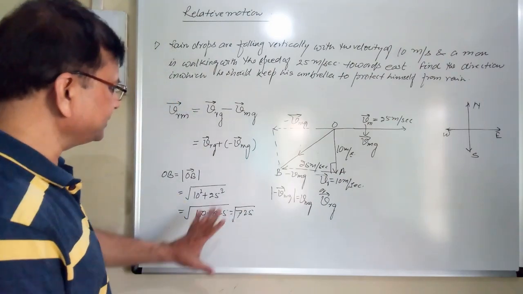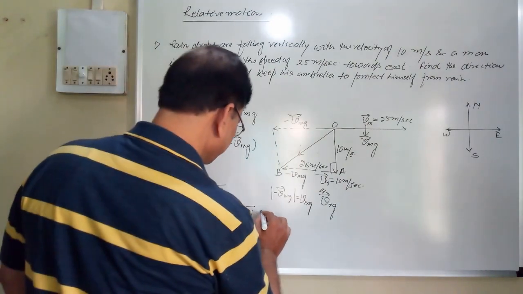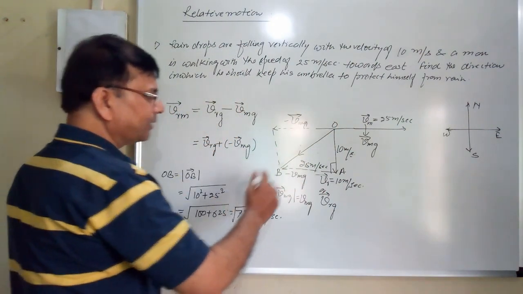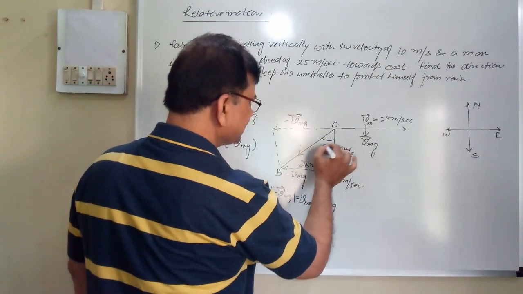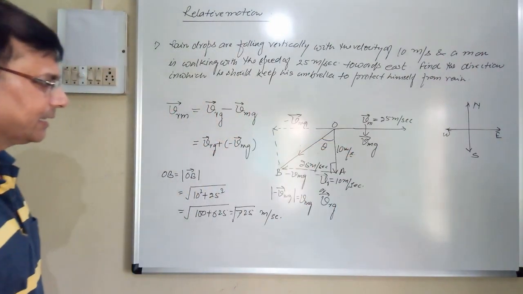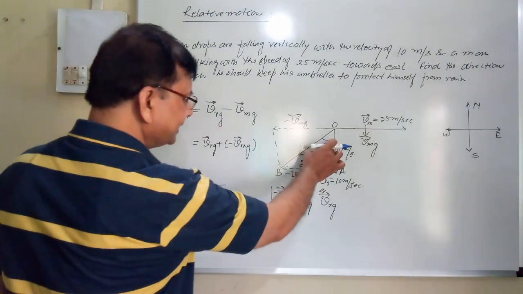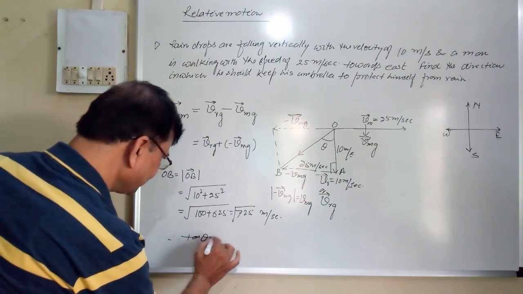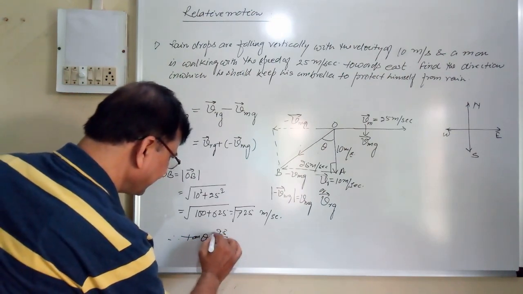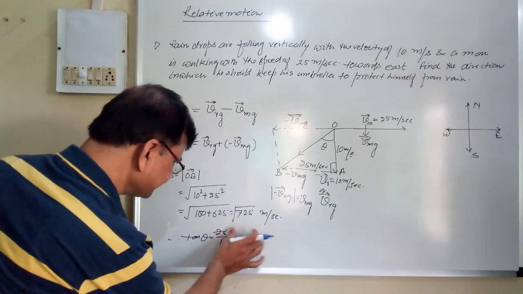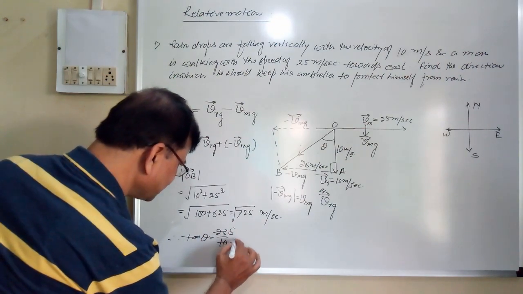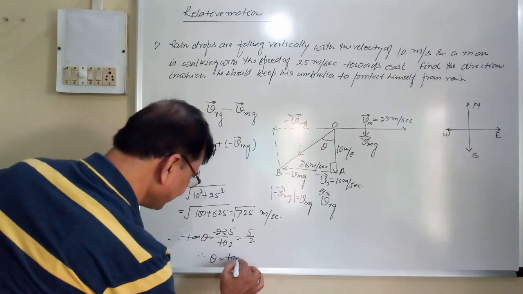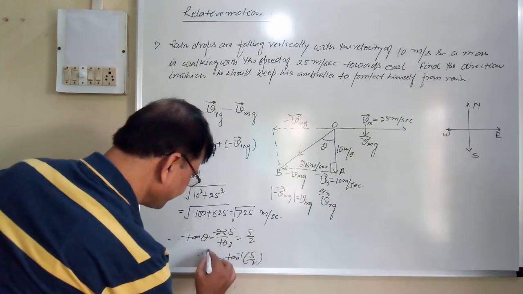We can find the value of this by factorizing, and this much is meters per second. This is the magnitude. And what is the direction? Suppose it is making an angle theta with the vertical. Then tan theta will be 25 by 10, that is 5 by 2. Therefore, theta is equal to tan inverse 5 by 2.